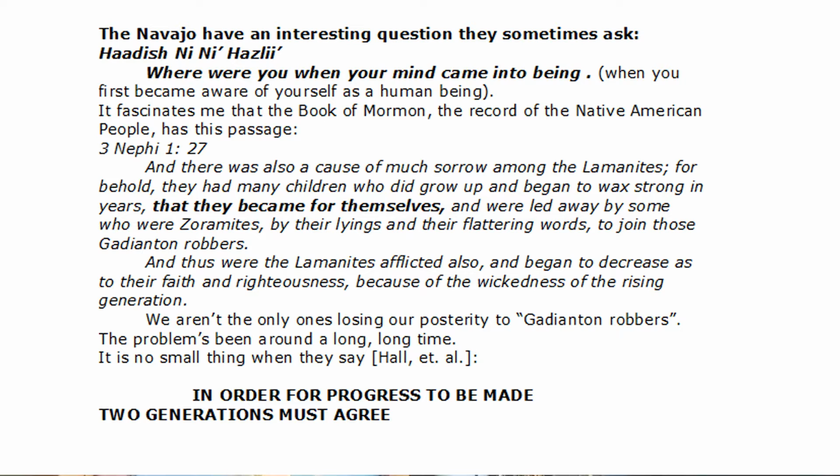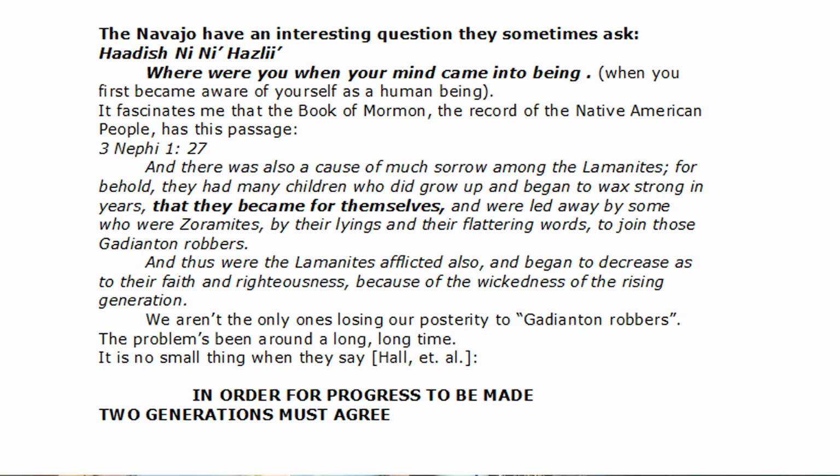Now, moving on, the Navajo have an interesting question they sometimes ask. Where were you when your mind came into being? In parentheses, we would say when you first became aware of yourself as a human being. It fascinates me that the Book of Mormon, the record of the Native American people, has this message, 3 Nephi 1:27. And there was also a cause of much sorrow among the Lamanites.